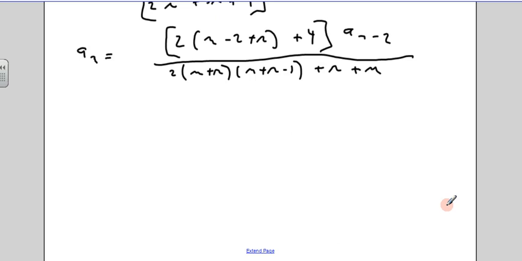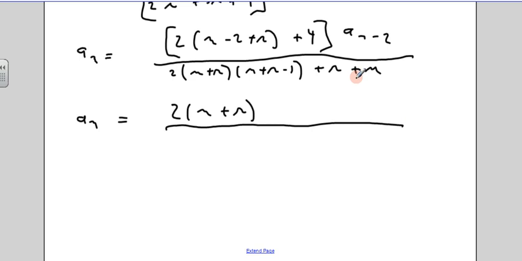Alright, well, we're going to do some algebra and hope for the best again. I have 2n plus r, and I have minus 4 and plus 4, so it goes away.